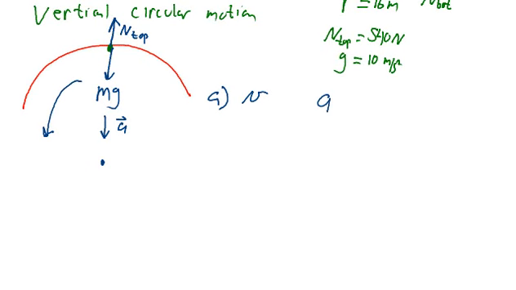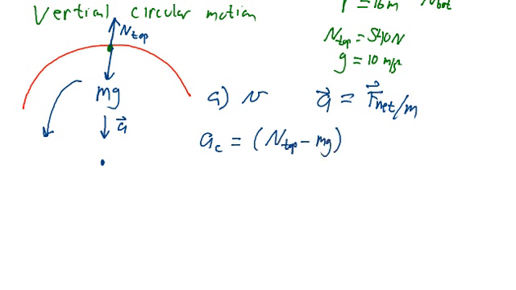So we'll say that the acceleration is equal to the net force on the person divided by the mass, and we'll apply this at the top of the motion as our picture shows. So I'll say that a_c equals the net force, which will be N at the top minus the weight, divided by the mass.